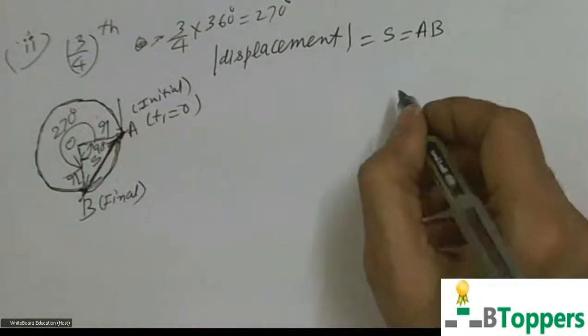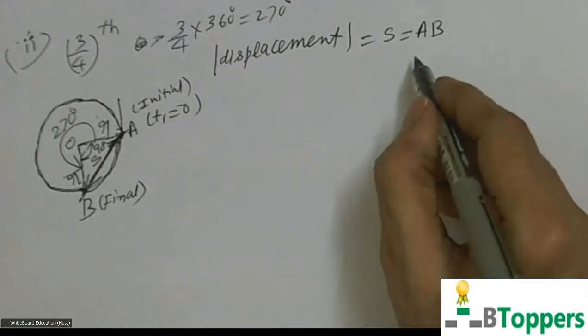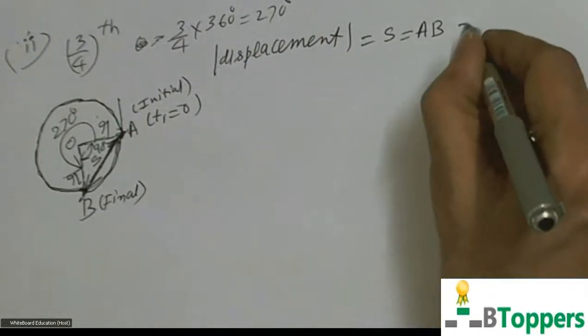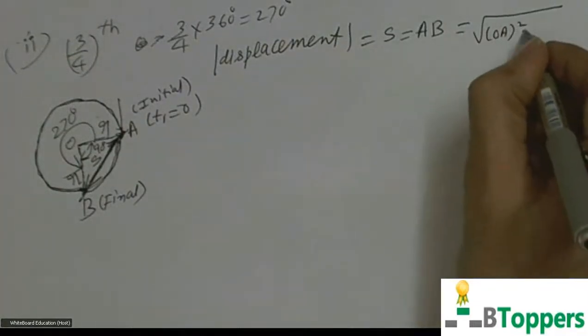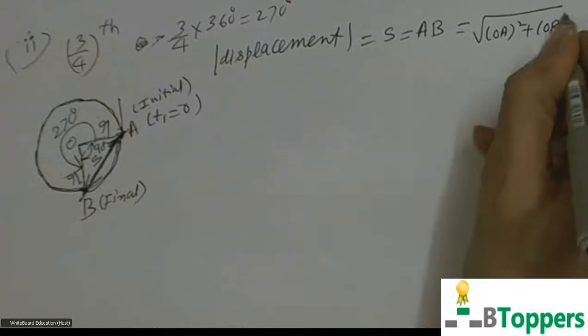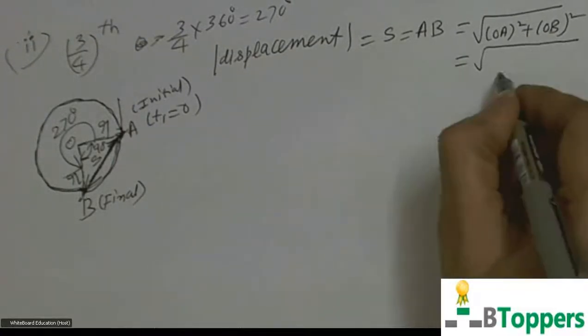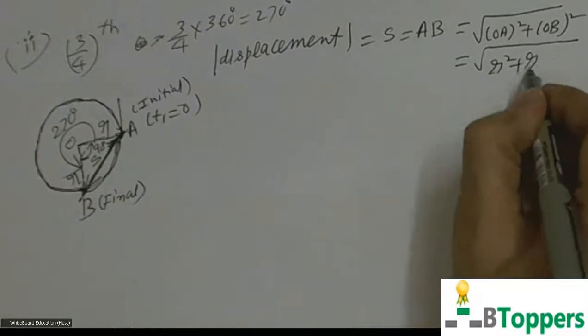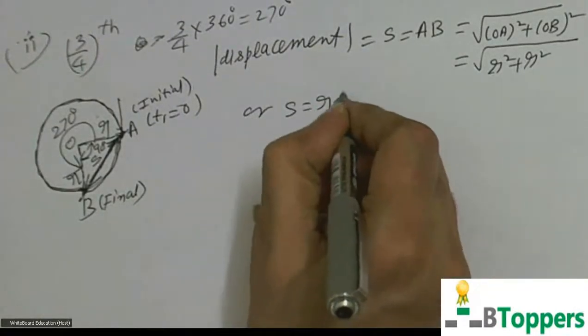The length of the line OB is also equal to the radius of the circular path. Here small r represents the radius of the circular path. So this is equal to root of OA square plus OB square, or you can write root of r square plus r square. So the magnitude of the displacement equals r into root 2.